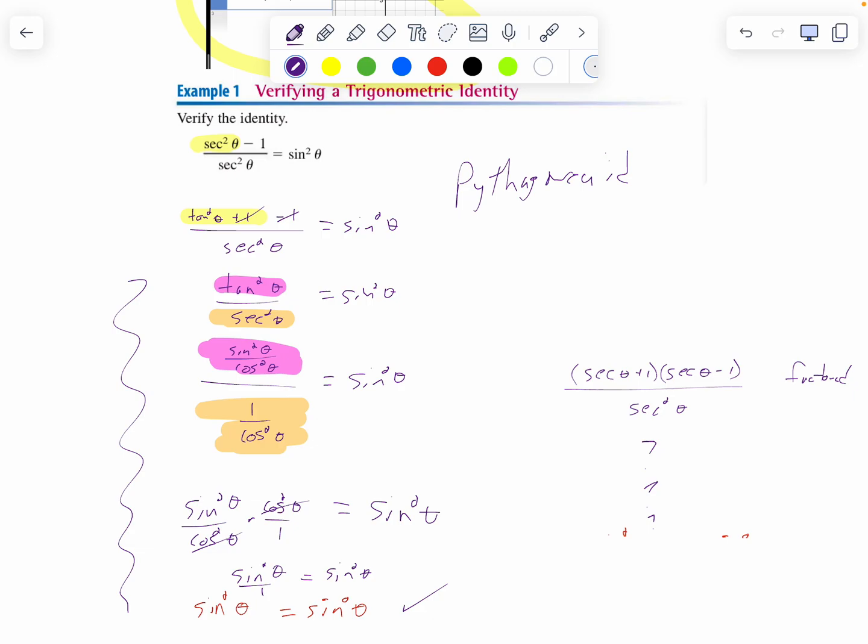We substituted, solved, simplified, and got it down to sine squared theta equals sine squared theta.